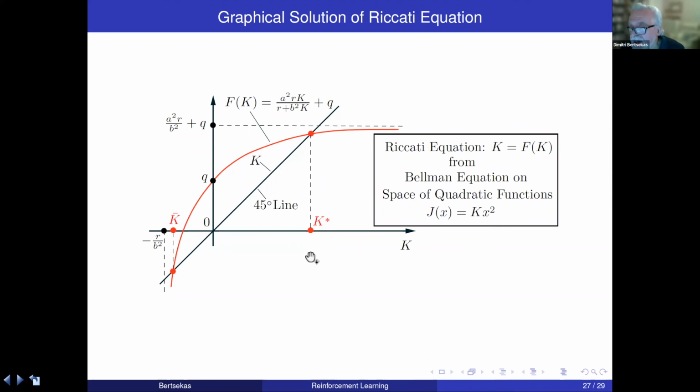However, you can verify by some additional analysis, which represents sufficient conditions for a certain cost function to be the optimal cost function. You can verify the sufficient conditions, and you can prove that actually this is optimal. But we're not going to prove it here.